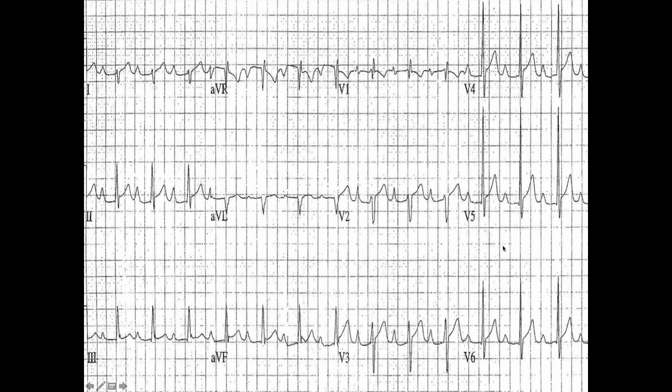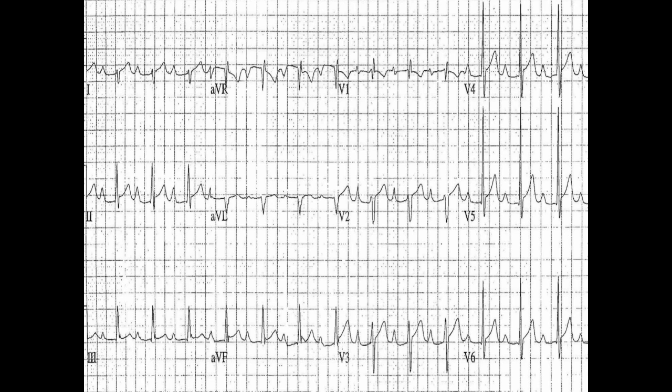So we do have left ventricular hypertrophy, which we can still call in the presence of a right bundle branch block. Do we have right ventricular hypertrophy? Maybe. We just can't call it and diagnose it off the 12 lead in the presence of a right bundle branch block. We can still call left ventricular hypertrophy though, so we're going to call that.